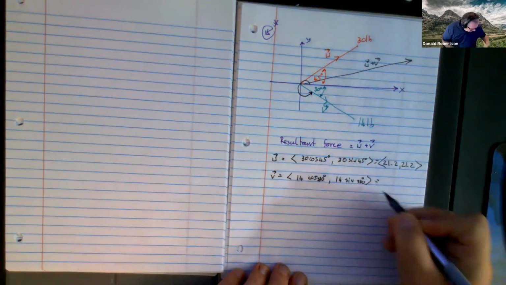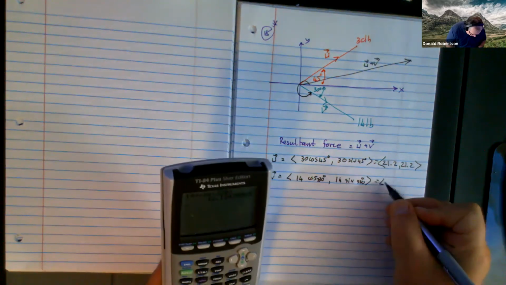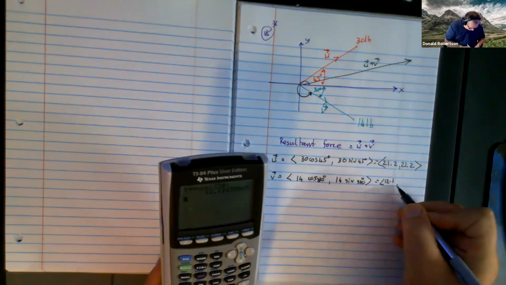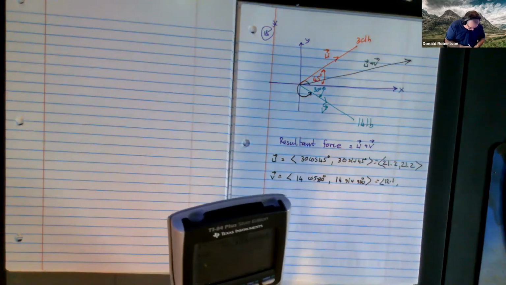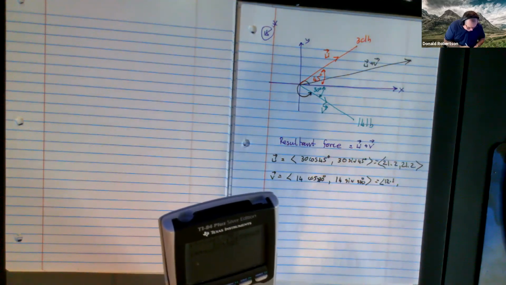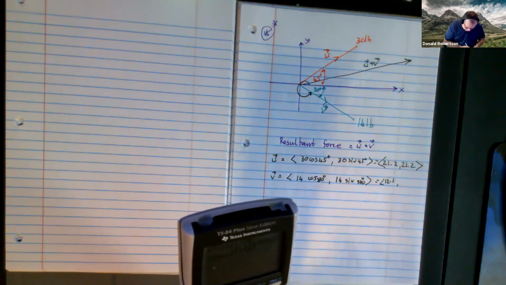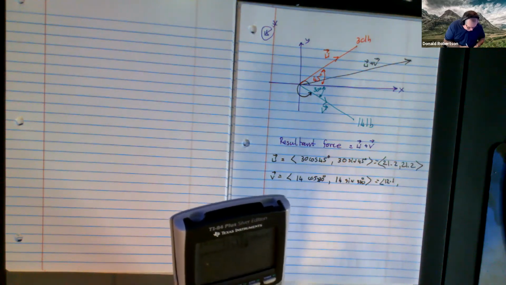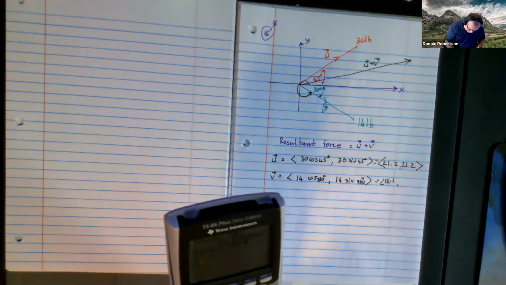330. And if you do 14 times the cosine of 330, you get about 12.1. And if you do 14 times the sine of 330, you should get a negative number. Oh, good, you do.